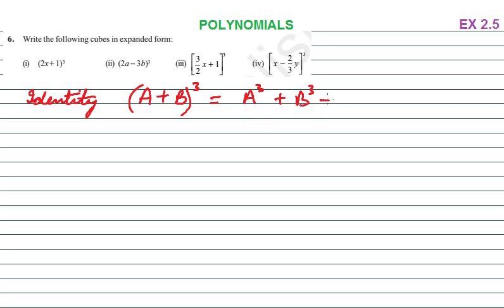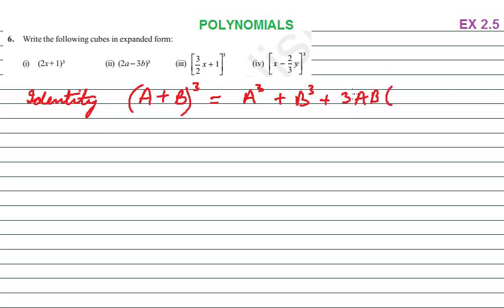But now 3ab, even this you can assume, or you can derive from the a plus b whole square identity. There it was square, so we had 2ab. Here it is a cube, so we will have 3ab. Okay, but that's not all.